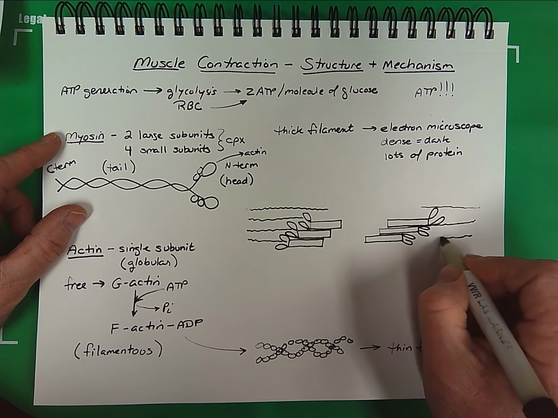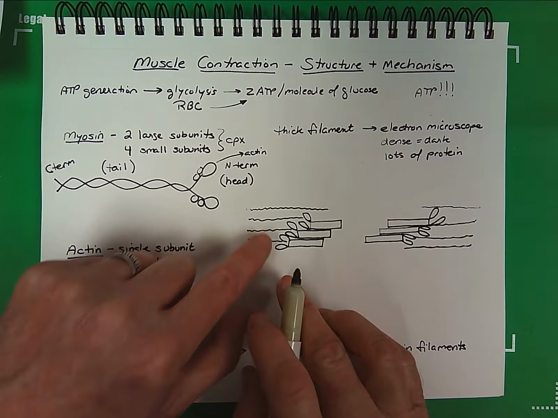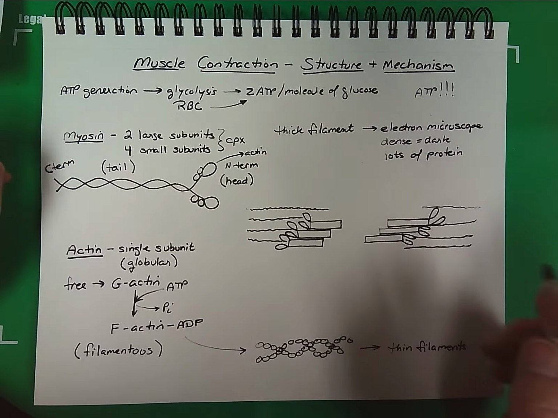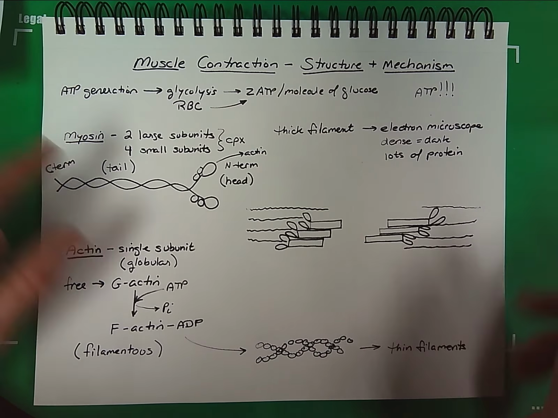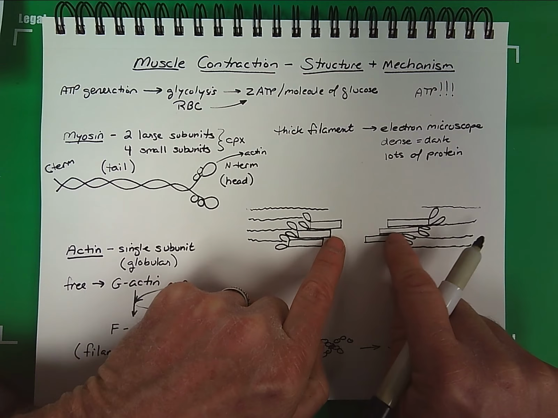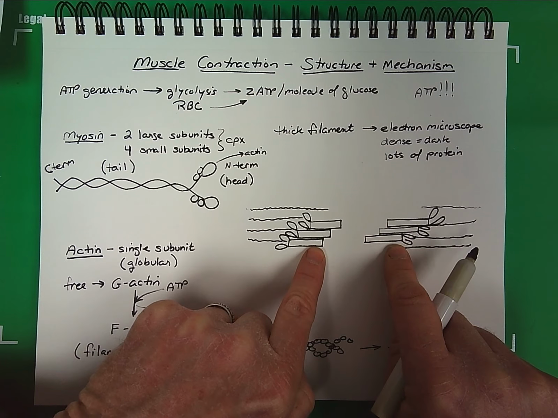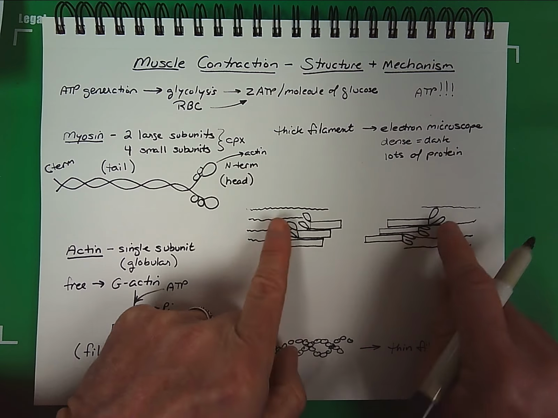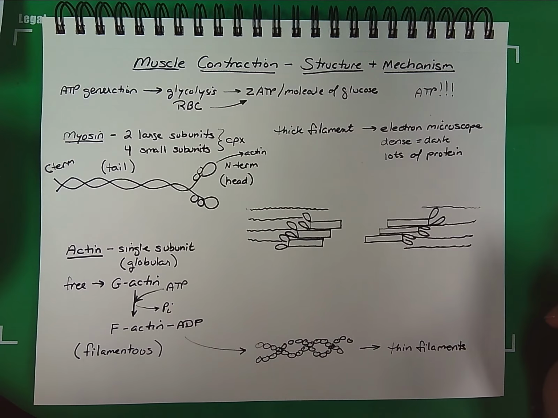In this way, we have the potential for interaction between the thin filaments and thick filaments. So what we'll see in a minute is that these heads will interact with the actin, and because of the opposing direction of the thick filament of myosin complexes, these will pull the thin filaments in toward each other.